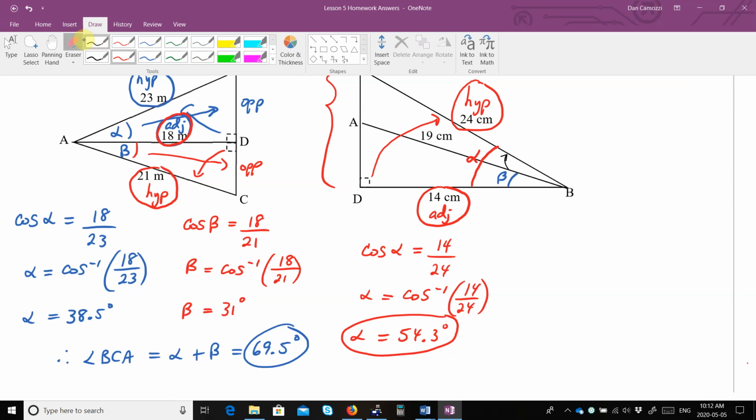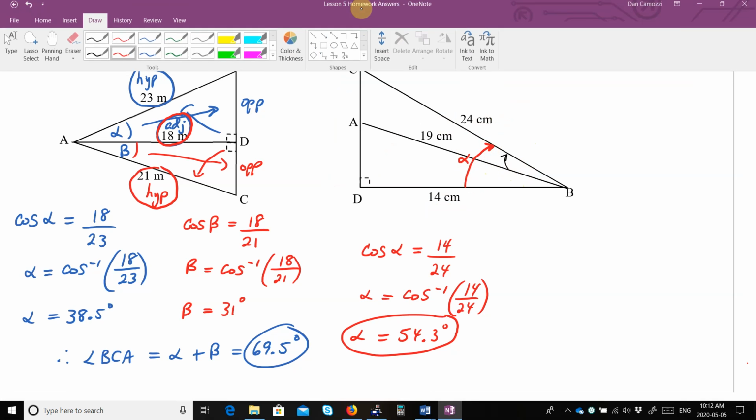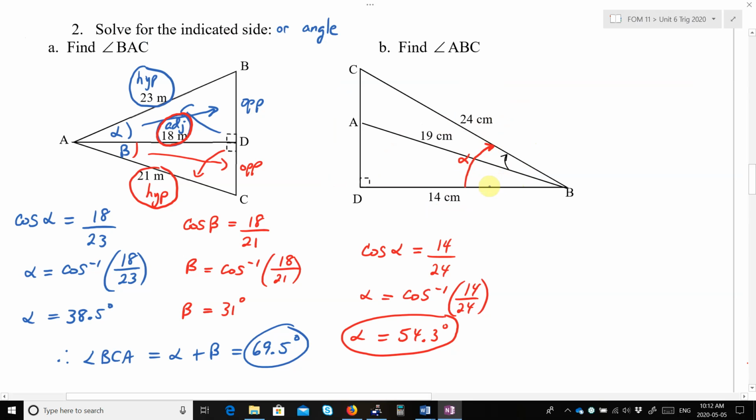And now let's get the beta angle. Okay, so this whole angle was alpha, and we want to get beta. And so in the smaller triangle across from beta is the opposite. This is the hypotenuse, which we have. Maybe I could write legibly.